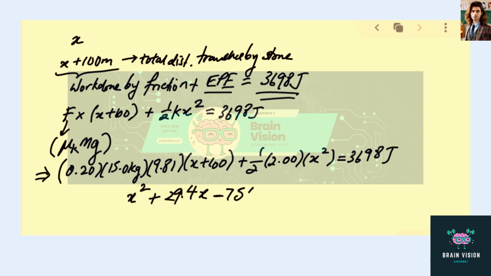It's negative 750. We solve this quadratic equation, and the positive root is 16.4 meters. We throw away the negative answer because the distance x cannot be negative. So this is the compression of the spring.